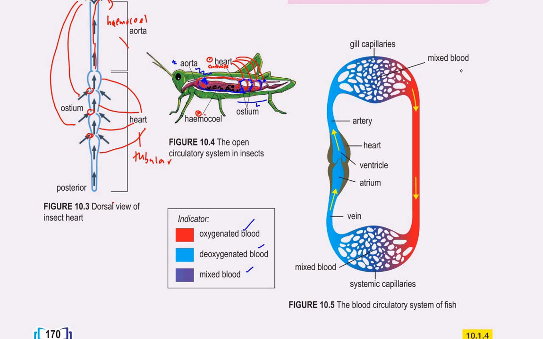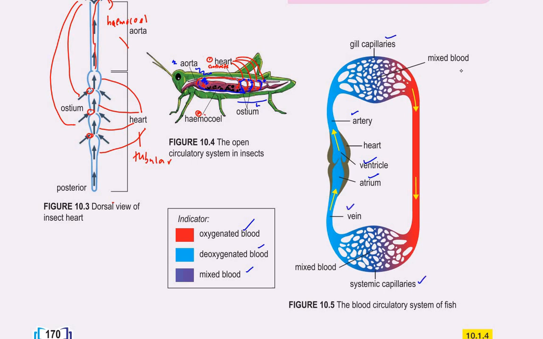So for the structure, you can see the heart here. The heart has two chambers, ventricle and atrium. And then we have the blood vessels: artery, capillaries, and also veins.